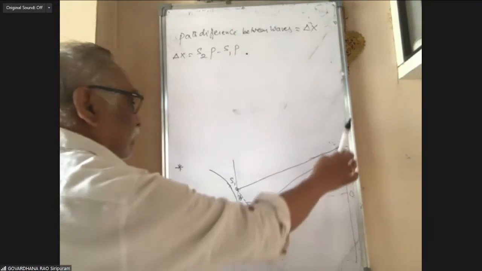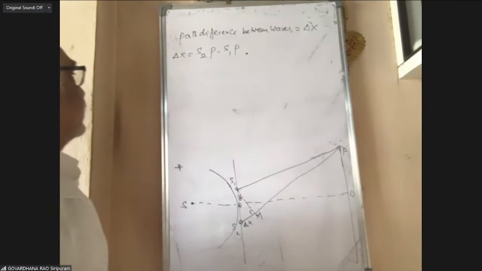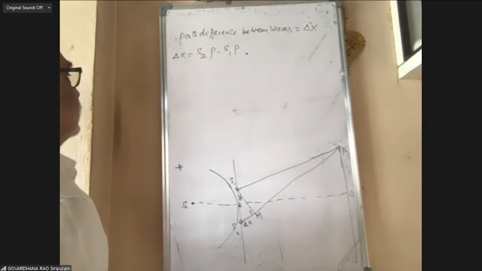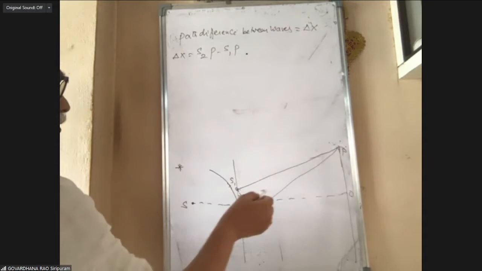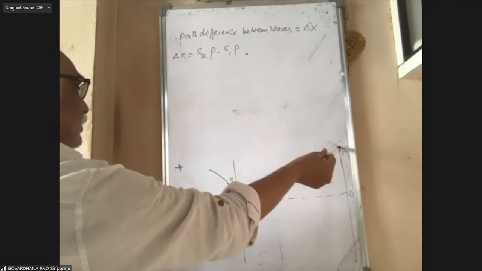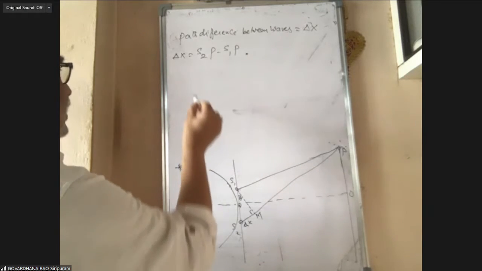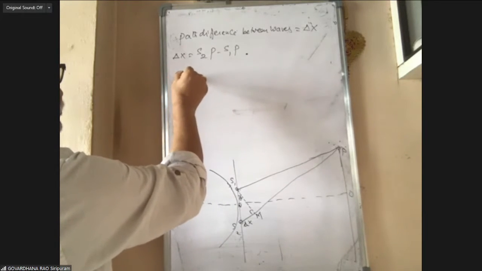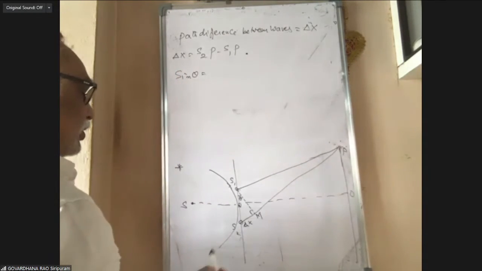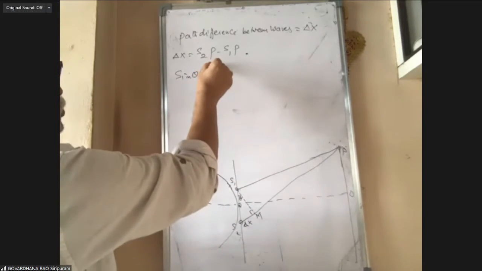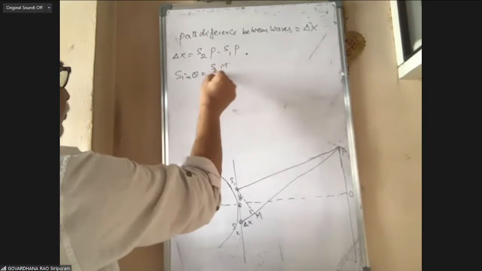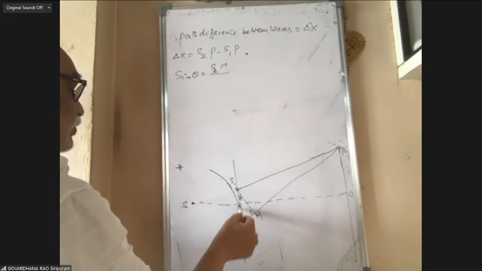Now how do you calculate then? Here the path difference: sin theta equals S2M by S1S2.